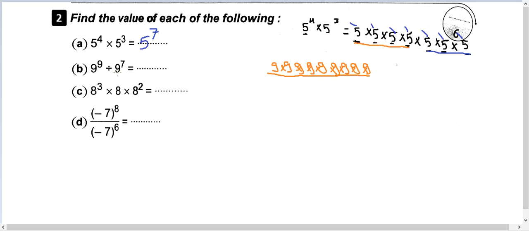And also here he said 9 to power 7. We can say 9, 7 times: 1, 2, 3, 4, 5, 6, 7.